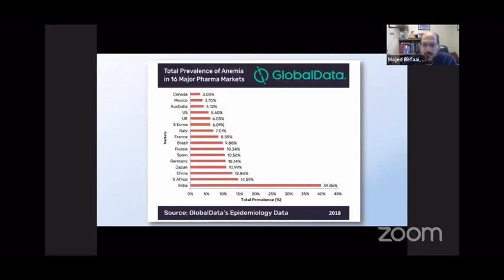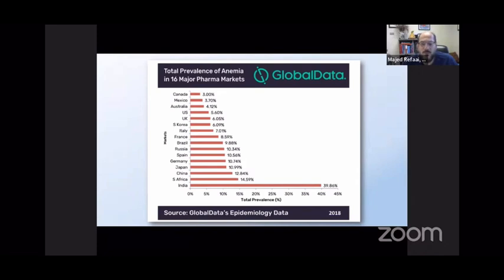For the last couple of days, you heard a lot of talks about anemia, and it's actually the most common disorder worldwide, from west to east to south to north. You can see between 3% of the population to almost 40% of the population, depending on which data you're looking at.